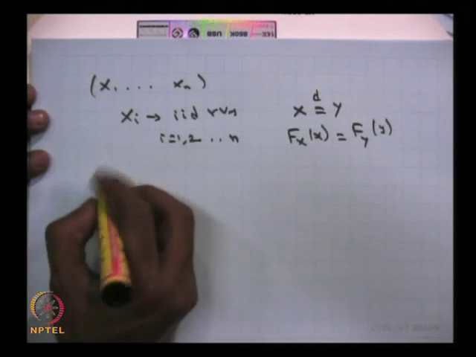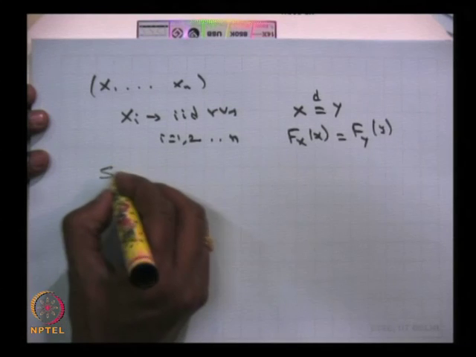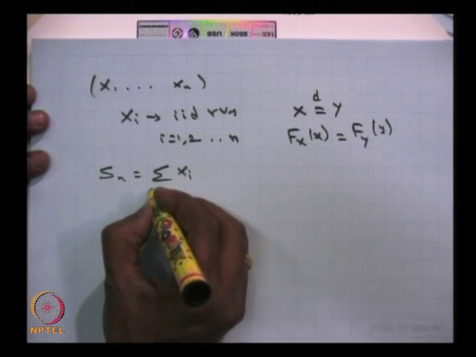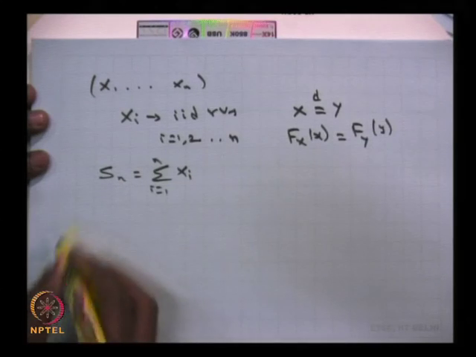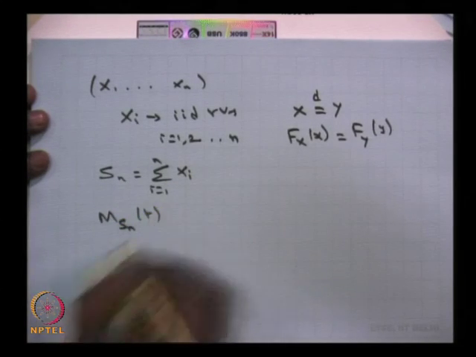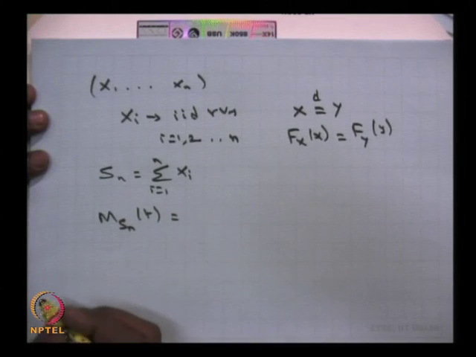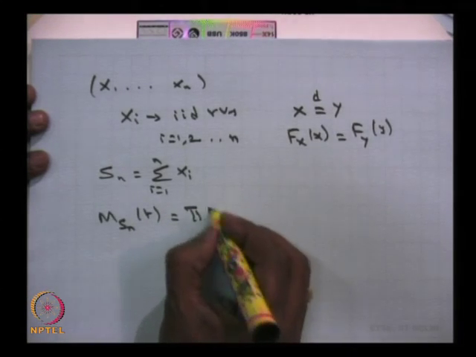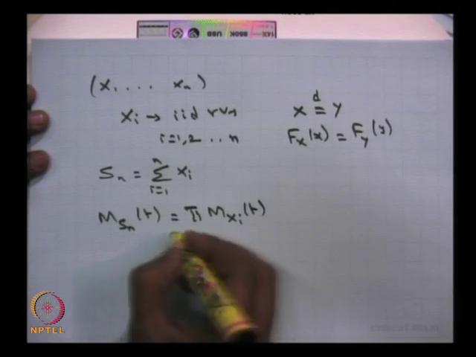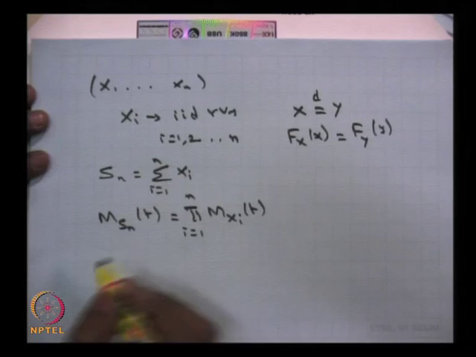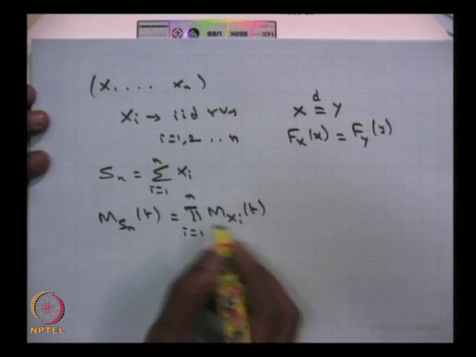If this is the situation and my interest is to find out the MGF of the sum of n random variables, that is S_n, then the moment generating function for the random variable S_n is going to be the product of the MGFs of the individual random variables. Since they are identical, the MGFs are also going to be identical.